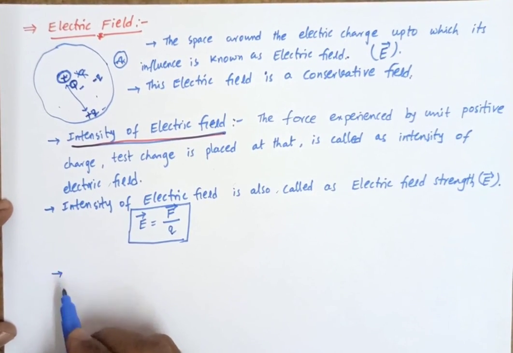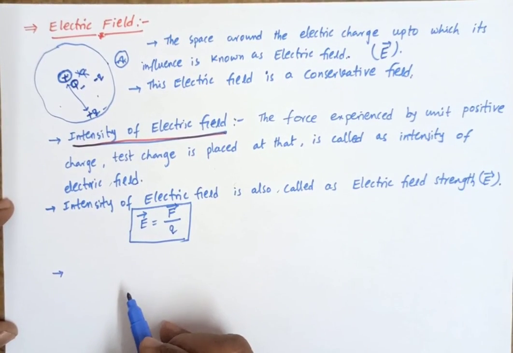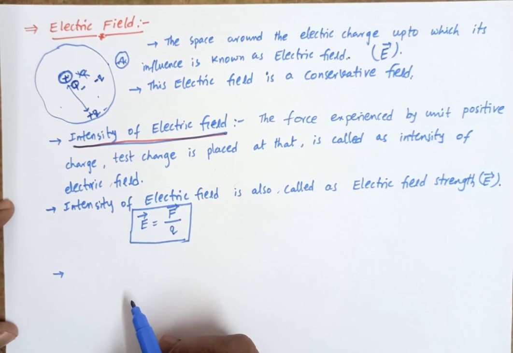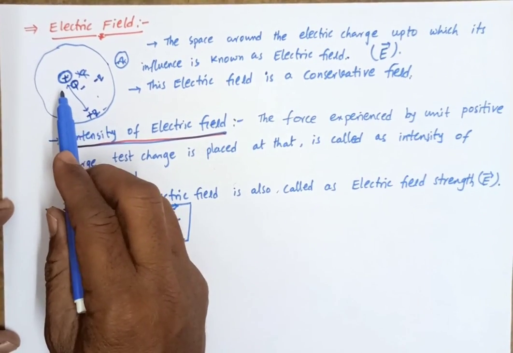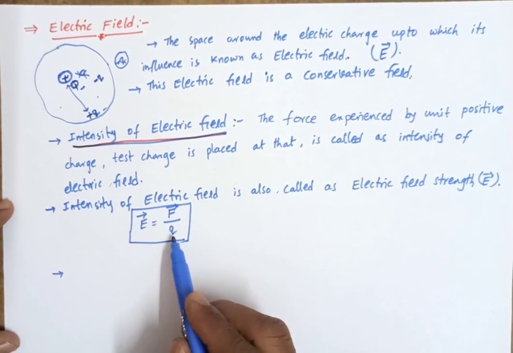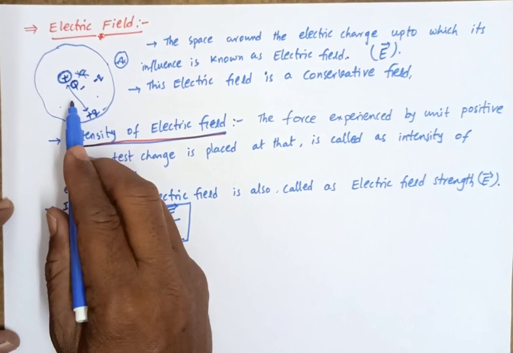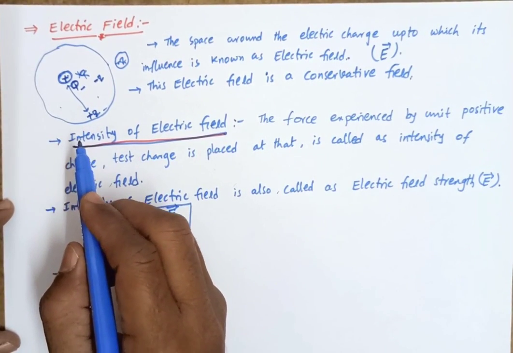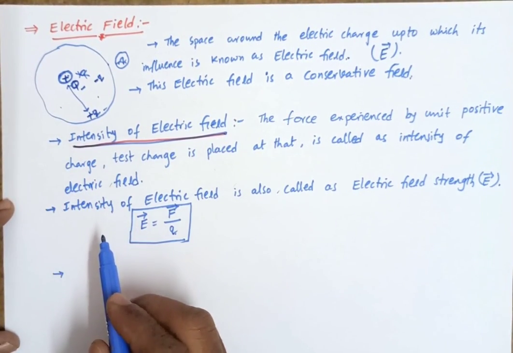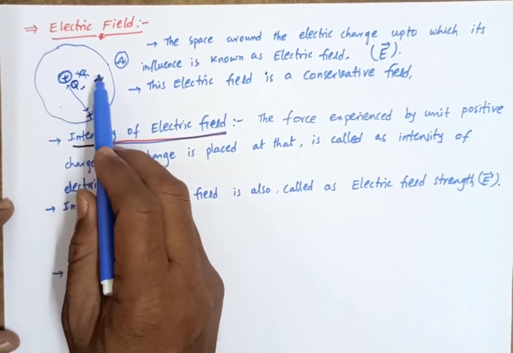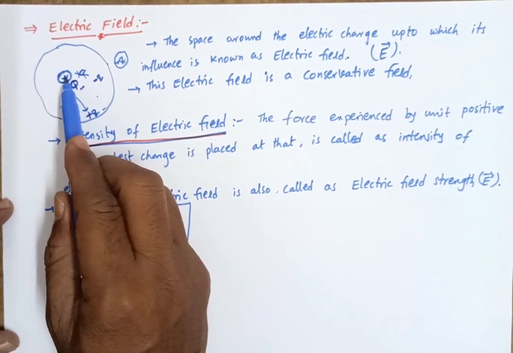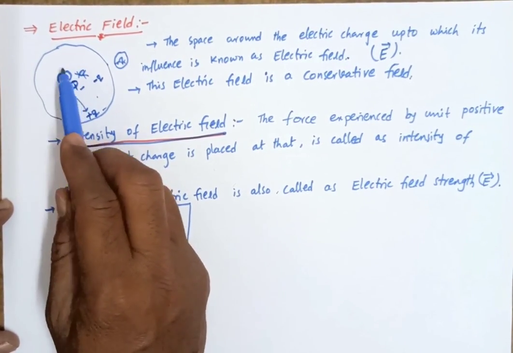What is test charge? Test charge is the charge that experiences the effect of a source charge. And what is source charge? Source charge is the charge that produces the electric field, a positive charge or a negative charge.